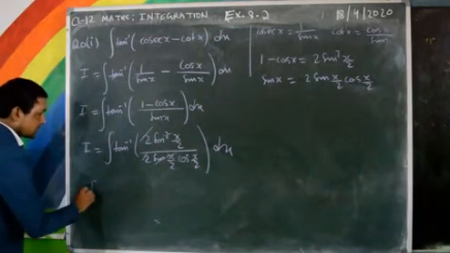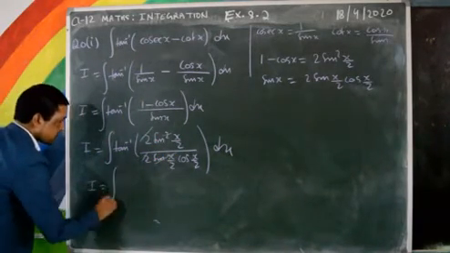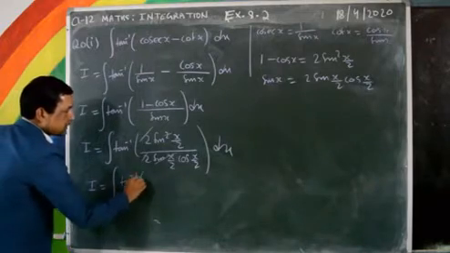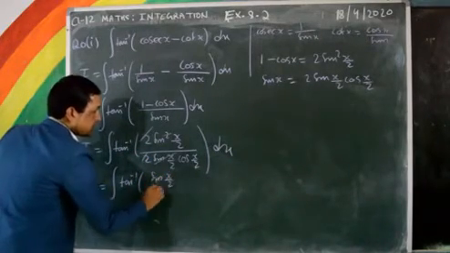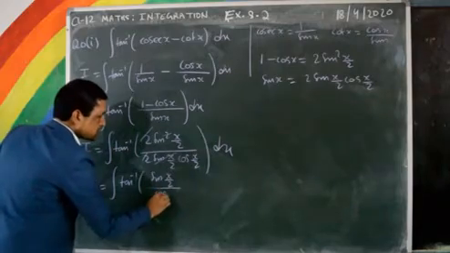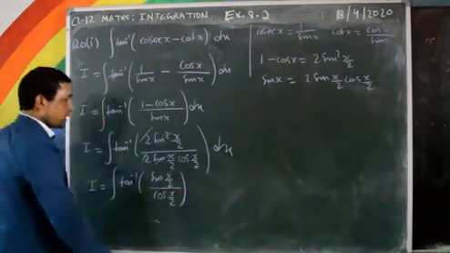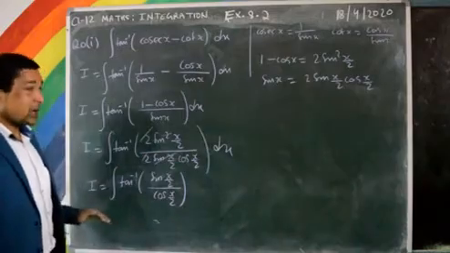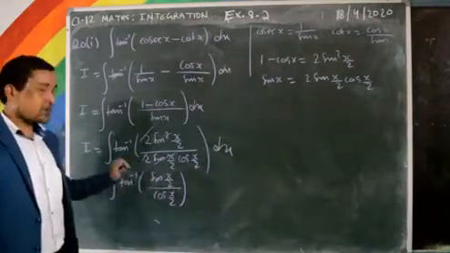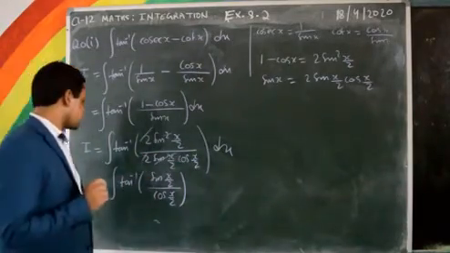Now write the other term. Tan inverse x, and what is left from your sine x by 2, and what is left from denominator cos x by 2. Okay, what is sine x by cos x? Yes, sine x by cos x is tan x.